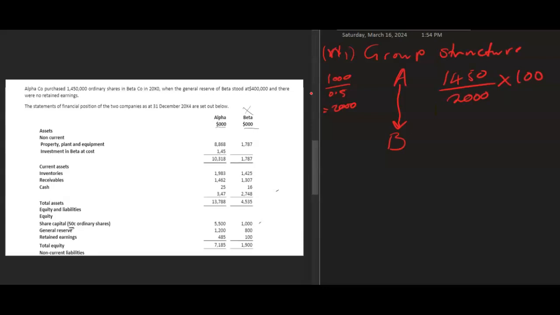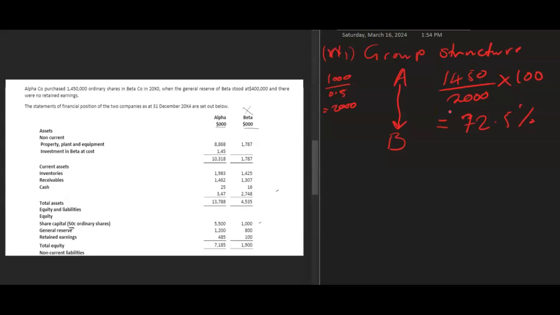We all have calculators. Let's try to get that one. So that will be 72.5%. That is the parent's share in the subsidiary.